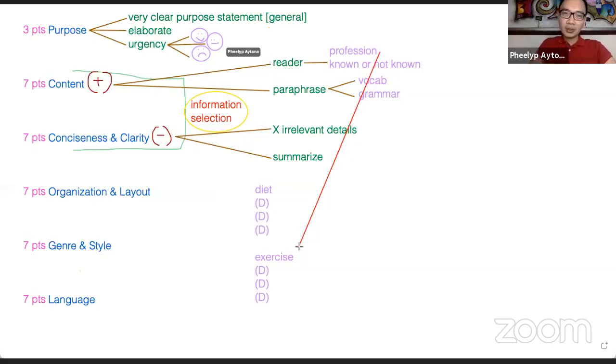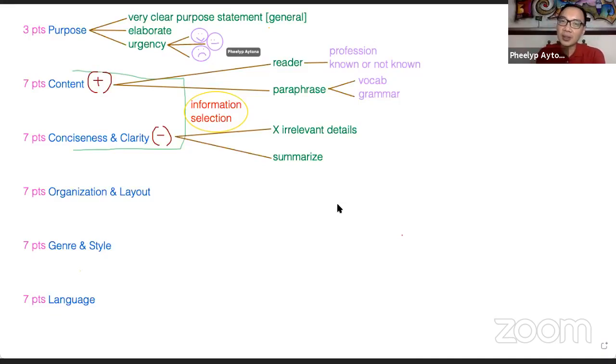You see that these two things are very much related to one another, and the decisions that you make must be reflected in the language that you use as well. What is one way for you to know na medyo tama yung ginagawa mo regarding information selection? Would anybody know what the word count has to be?